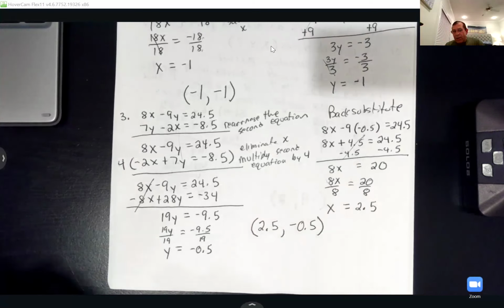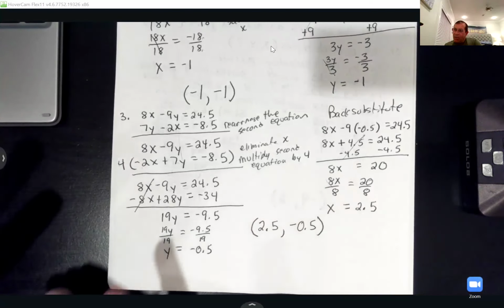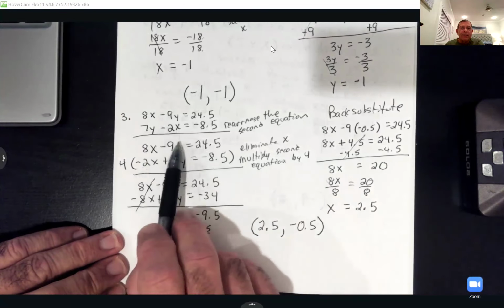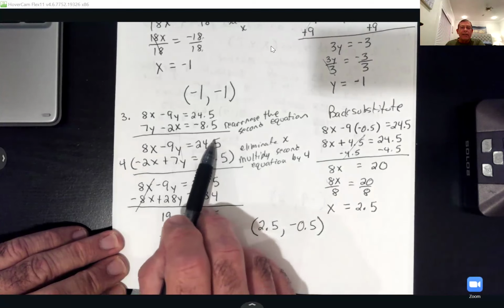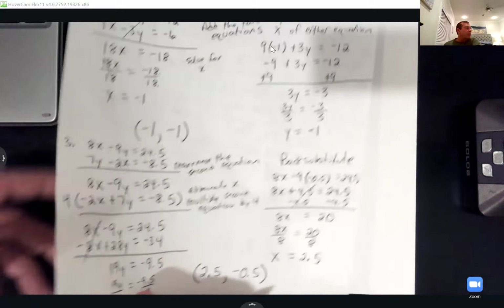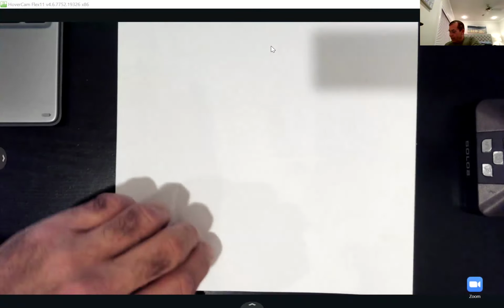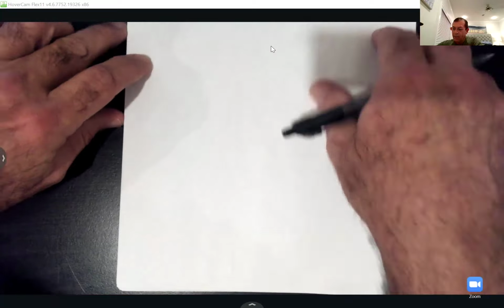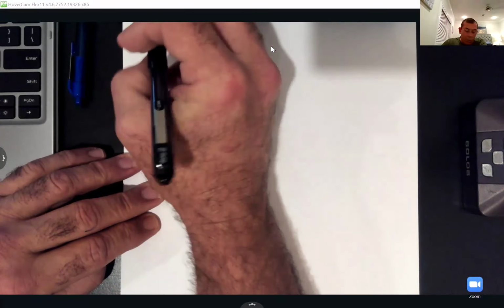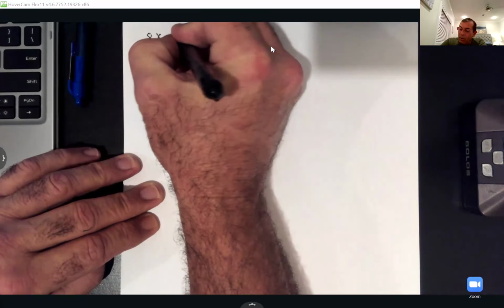All right, y'all, so I'm going to show you how to do these on the calculator. The main thing on the calculator is they have to be in the right order like this: the x's, the y's, and then your numbers. Let me go to a page. I'm going to write the one we're doing, from the point where we got it rearranged in the right order.